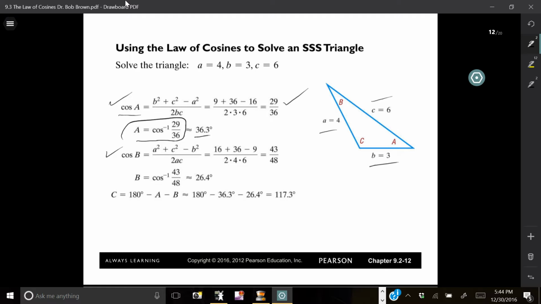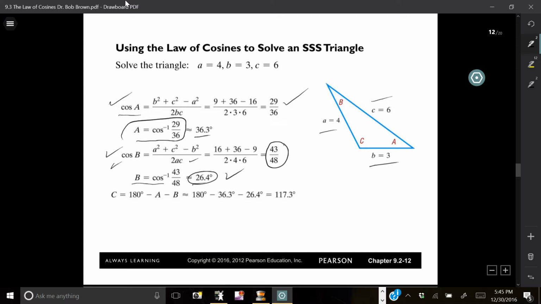tenth of a degree. Cosine of B, now use the same kind of formula, is equal to a squared plus c squared minus b squared divided by 2ac. Plugging in, you get cosine of B is 43 divided by 48, and B is the inverse cosine of 43 divided by 48, which is 26.4 degrees.